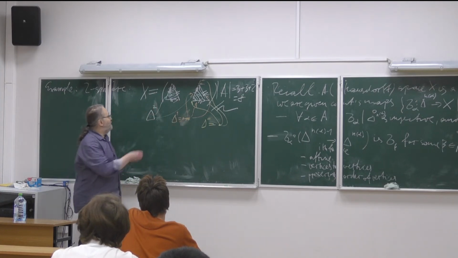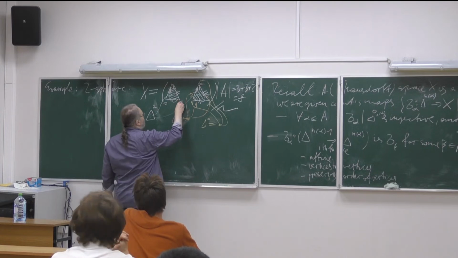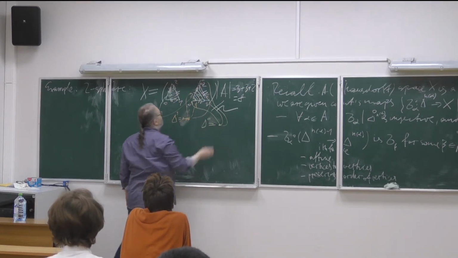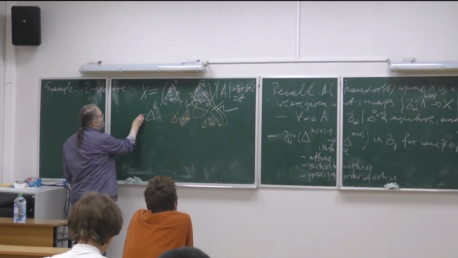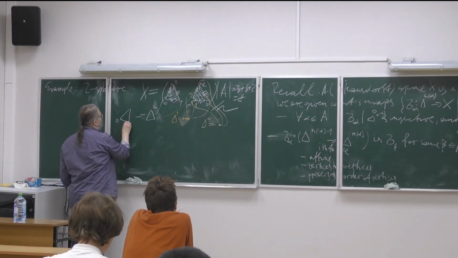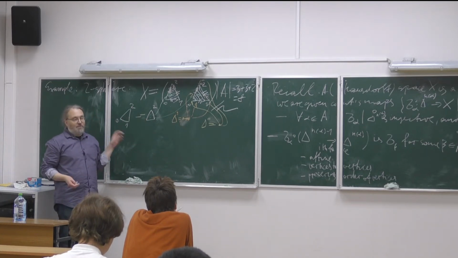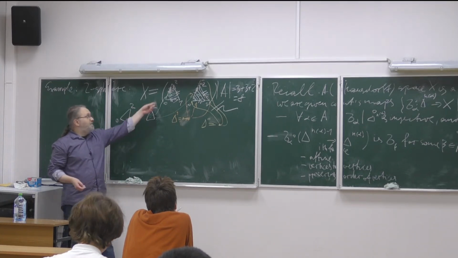Or even better, let's order the vertices 0, 1, 2 here, and let's order the vertices of the standard simplex 0, 1, 2. Then there is a unique affine map, and so on.